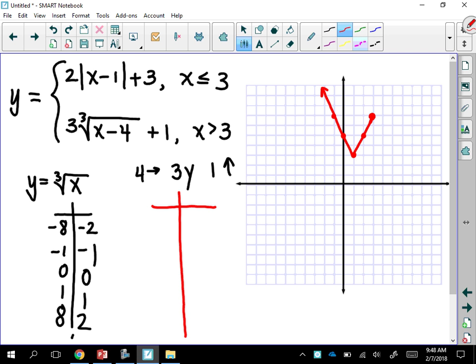And if you want to write it out, do that. Write 4. Multiply the y coordinates by 3. Add 1.